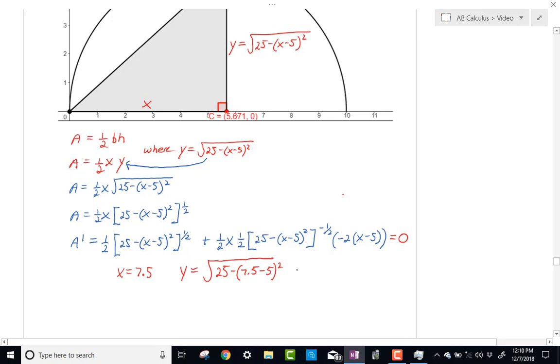And if we take the square root of that, if you figure all that out, you actually end up with 4.330. And so the question above asked what are the coordinates of point C. So the coordinates of point C would be 7.5 comma 4.330. And there you go, that's the end of that problem.